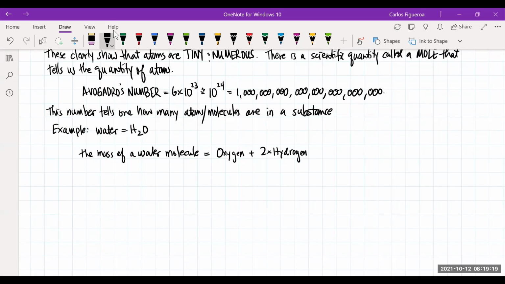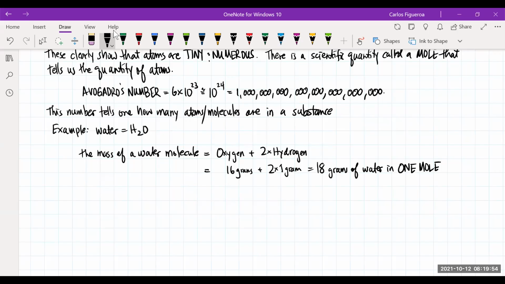If we look up their masses, oxygen is 16 grams per mole, and hydrogen is 2 times 1 gram per mole. When you add that, this is 18 grams of water in 1 mole.